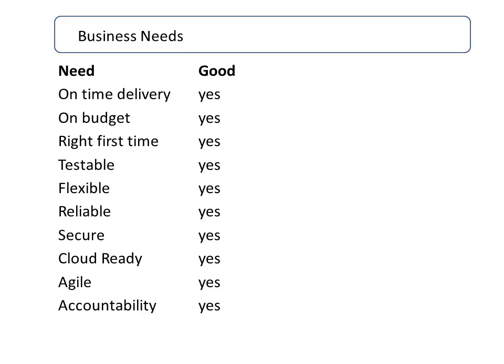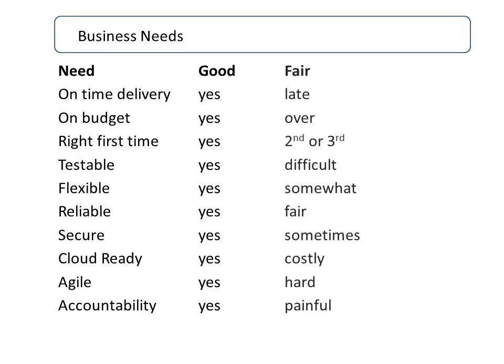We're likely to get it right the first time. It's going to be reliable, secure, etc., etc. So good systems are good throughout. Fair systems tend to start going down again as a group. If the system is delivered late, it's probably going to be delivered over budget. It's probably going to be hard to test, inflexible, etc., etc.